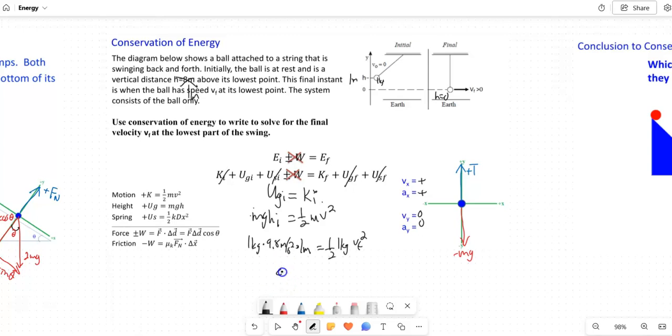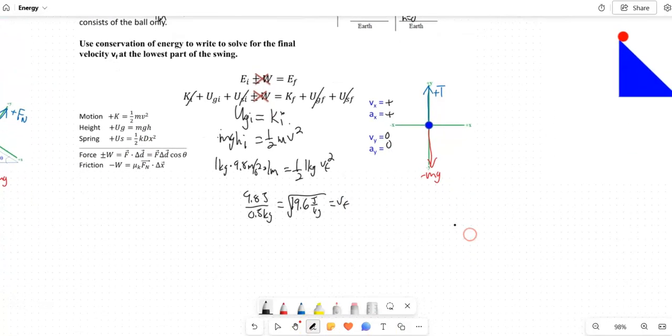This is going to be 9.8 joules, which we're going to divide by 0.5 kilograms. So that is going to work out to be 19.6 joules per kilogram. And we're going to square root that, and that is our final velocity. And again, what we find out is this is also 4.43 meters per second at the bottom of the swing.